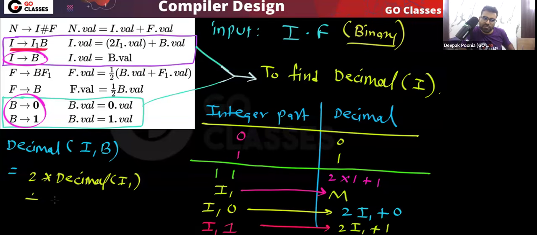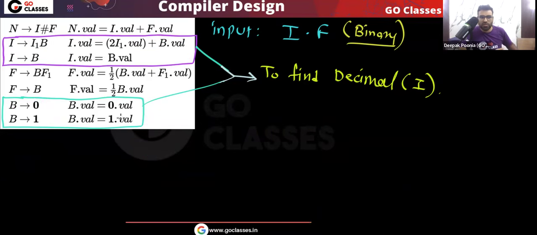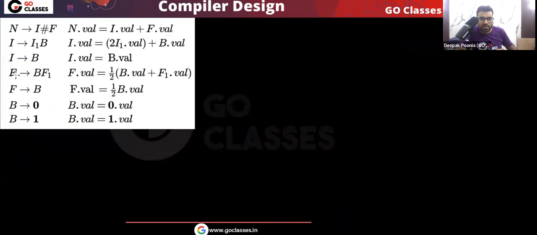Okay, the same thing we are doing here in these rules. I hope you understood how these rules are converting this integer part to decimal. Okay, very simple. Now let's see how these four rules are converting.